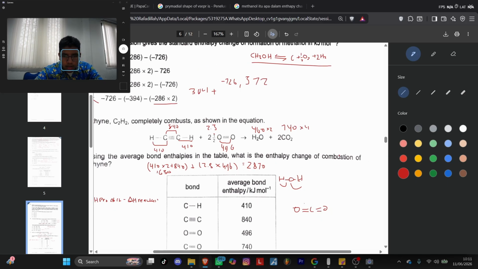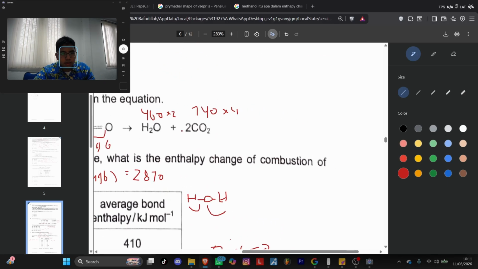Okay, then we need to add them. So using a calculator, 460 times 2 added by 740 times 4 equals 3,880, right?